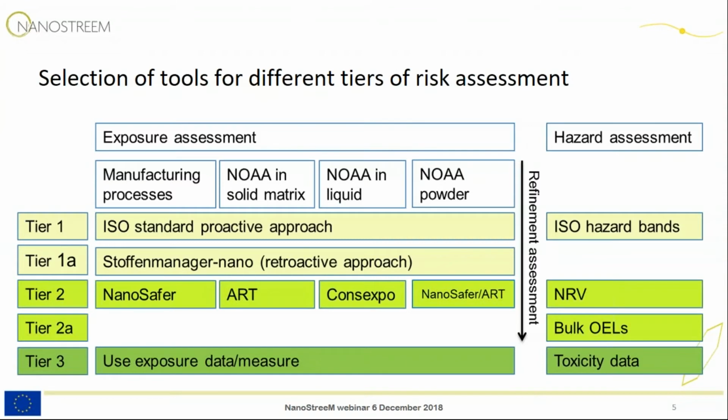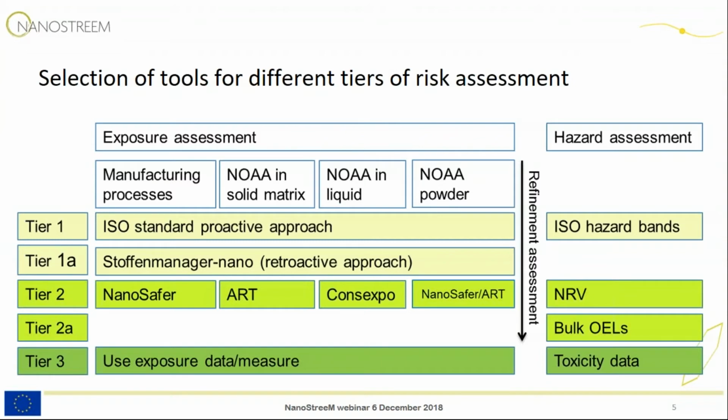For the nanomaterial in a liquid, it's a dispersion. So you will be exposed to a liquid aerosol, small droplets, where each droplet may or may not contain the nanomaterial. And for the nanopowder, you will also be exposed to pristine particles, but probably these pristine particles have a much higher agglomeration and aggregation rate than for the manufacturing processes. So these source domains are characterized by the appearance of the nanomaterial that you're exposed to.